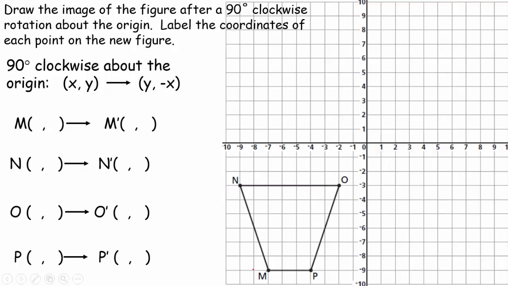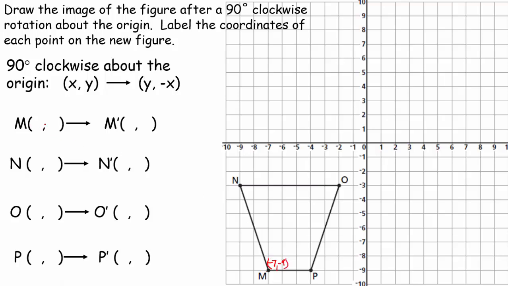Okay, let's look at this figure we have. We have quadrilateral M, N, O, and P. First thing I'm going to do is I'm going to start over here, and I'm going to put in my coordinates of M. If I look at M down here, I notice that M is located at point -7, comma, -9.